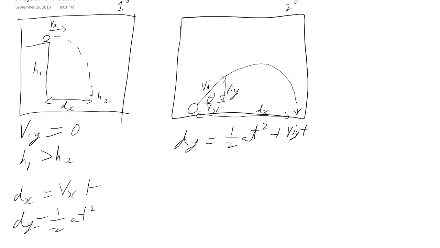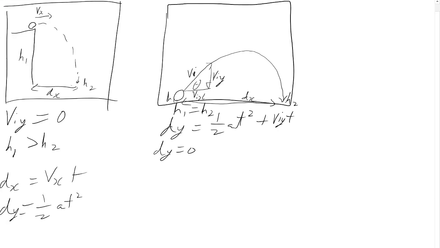And for this one, since the ball goes up and lands at the same height as it ends up, dy is usually equal to 0. And also another characteristic of this graph, which I already said, h1 equals h2. That's just the height from where they both start. Where it lands and where it starts is the same.